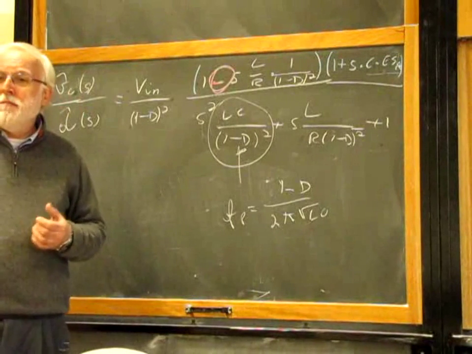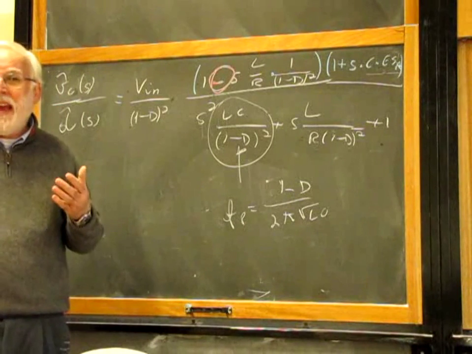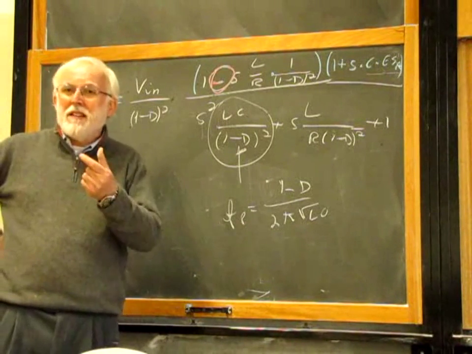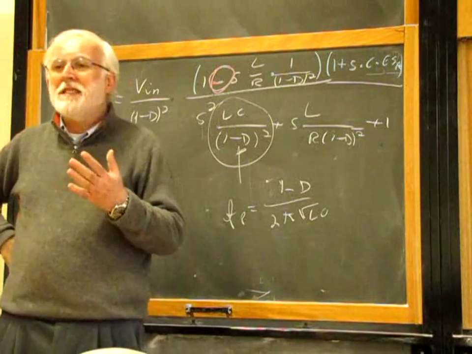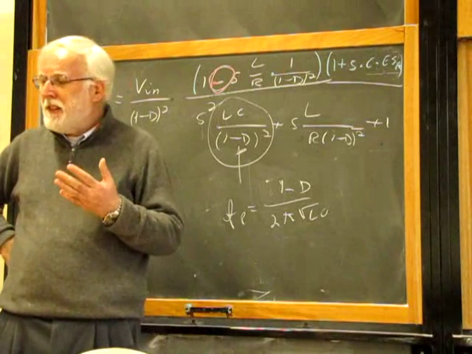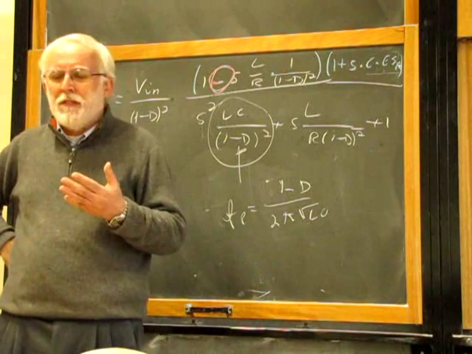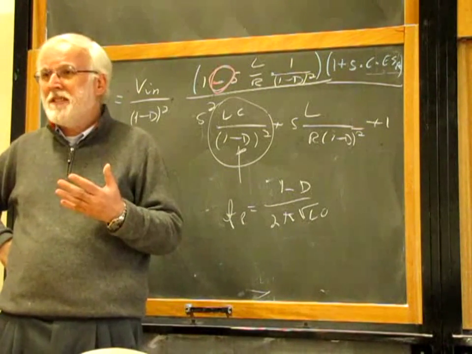I told you that the boost converter is used for PFC. And it can be used for PFC because in a PFC, the bandwidth, the crossover of my control system, has to be quite lower than the line frequency. So the rectified line frequency is 100 Hz. My crossover frequency maximum can be 10 Hz.